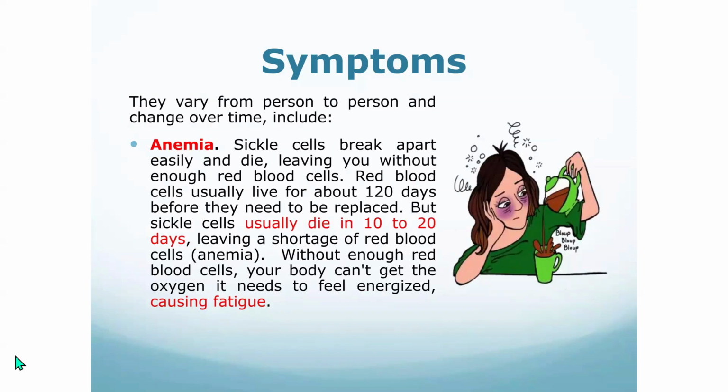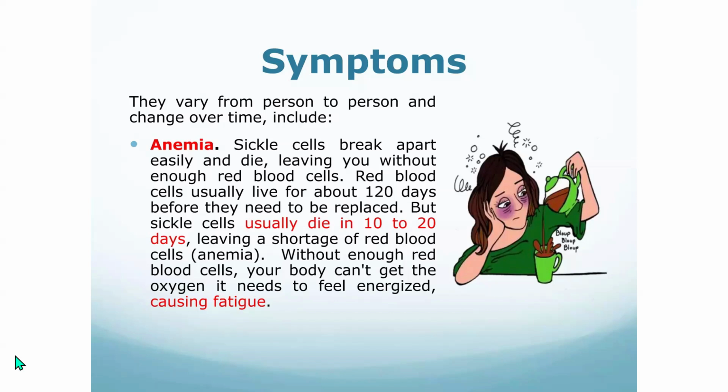And of course, if there are not enough red blood cells, it means that your body cannot get the oxygen it needs to feel energized. Therefore, this will lead to fatigue, because remember that the most important thing in the oxygen system is the electron transport chain, and the citric acid cycle and beta oxidation are the major source of energy in the body.